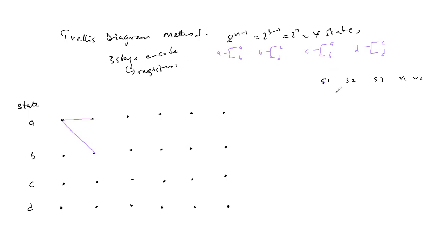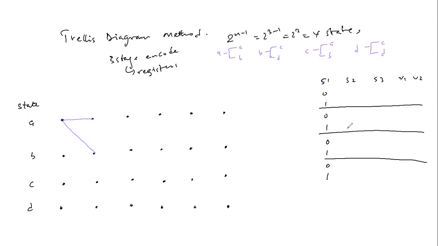So we have 0, 1, 0, 1, 0, 1, 0, 1. So these are each state. We already have 0, 0 here based on the previous design.